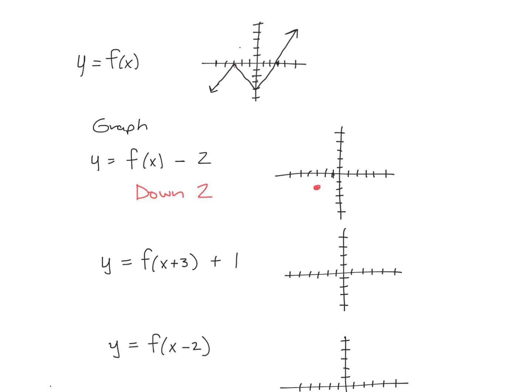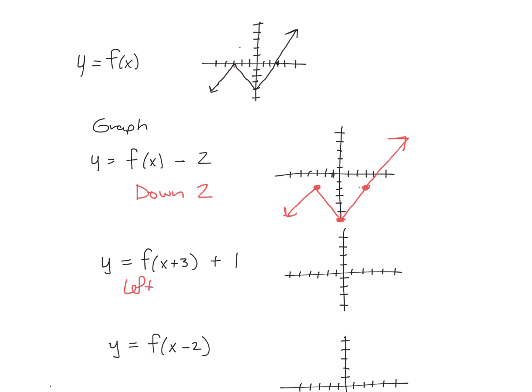The point 0, negative 4 would now be 0, negative 6, and the point 3, 0 would become 3, negative 2. So I'm moving everything down 2, and then the shape of the graph should stay the same. And it would look like this. So just moving the important points of the graph here.